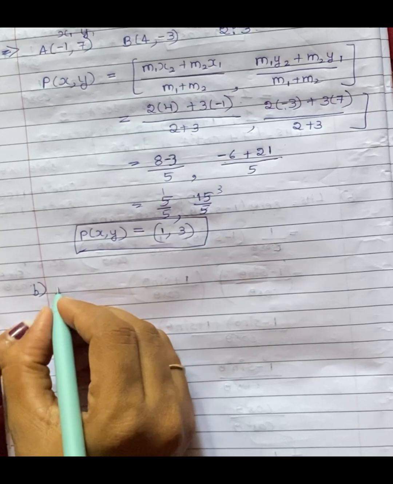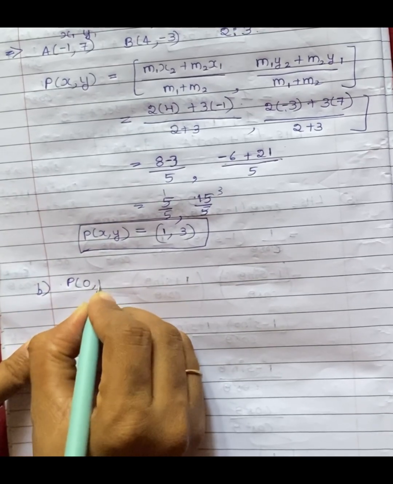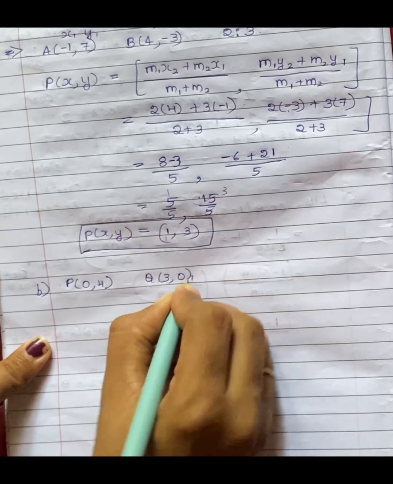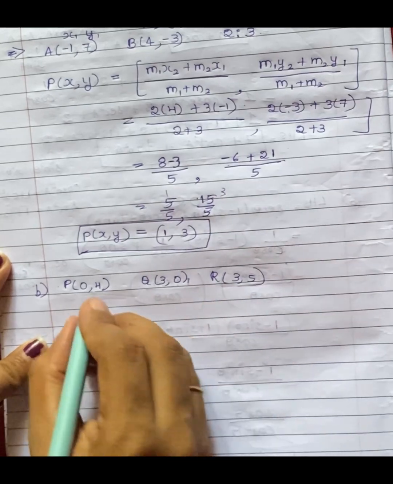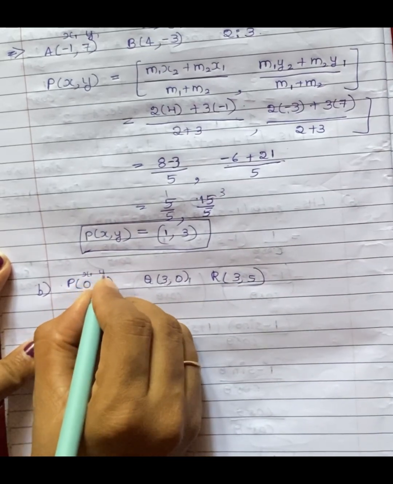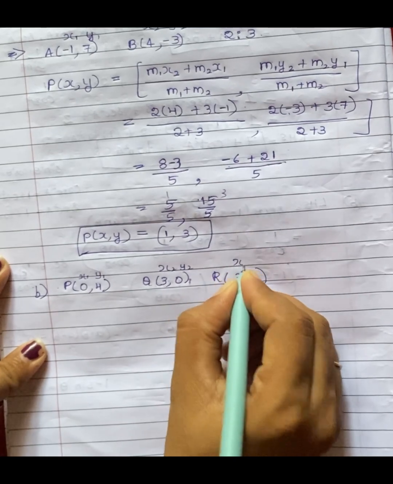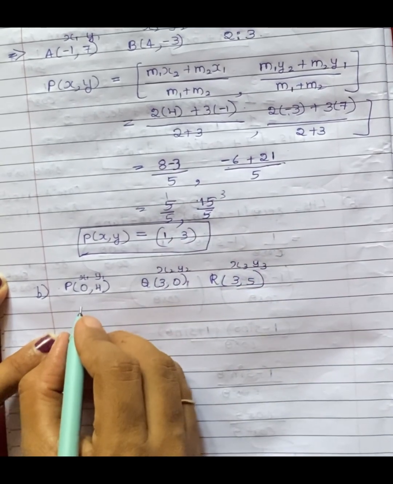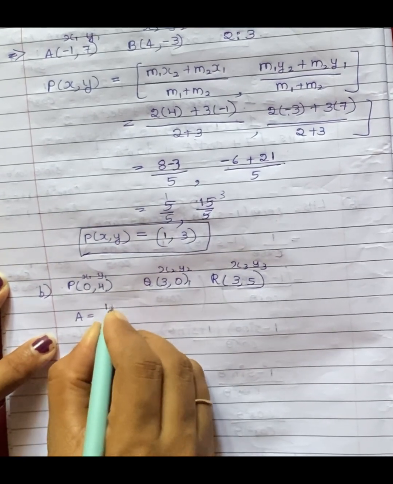So the given values are P(0, 4), Q(3, 0), R(3, 5). That is x1, y1, x2, y2, x3, y3.